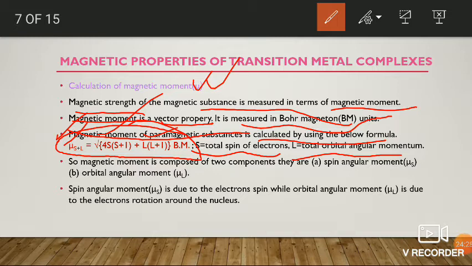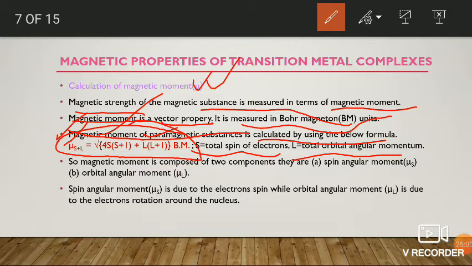They are the principal quantum number n, the orbital angular momentum or azimuthal quantum number l, the third one the magnetic quantum number small m, and the last one the spin quantum number, small s. So here S is the total spin of electrons, and L is the total orbital angular momentum of electrons.